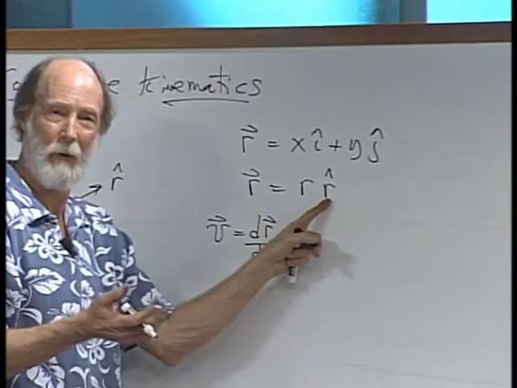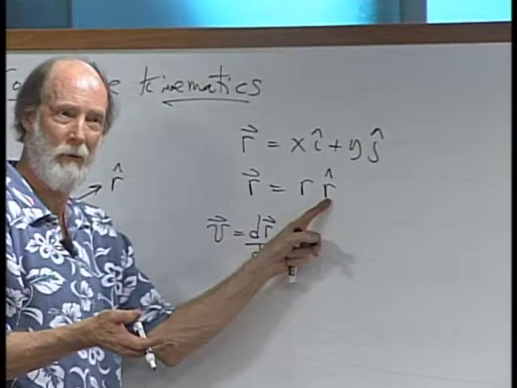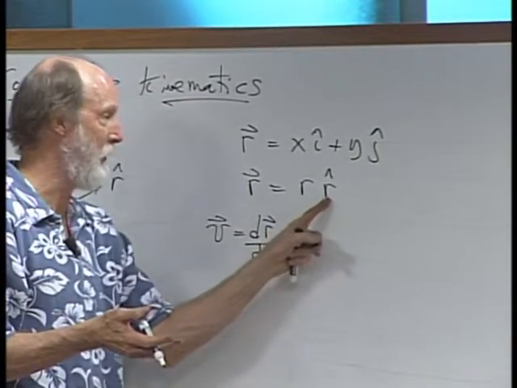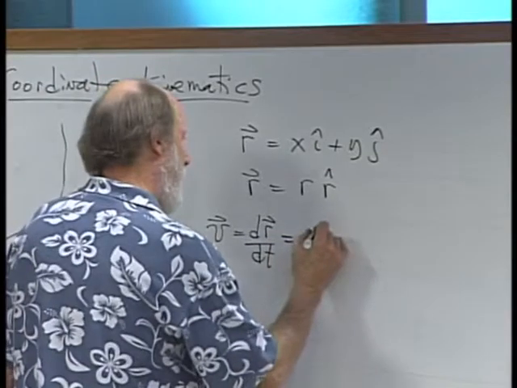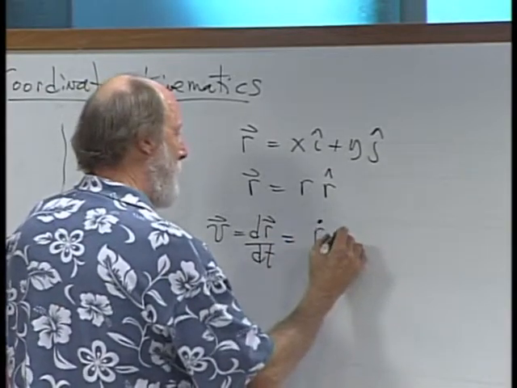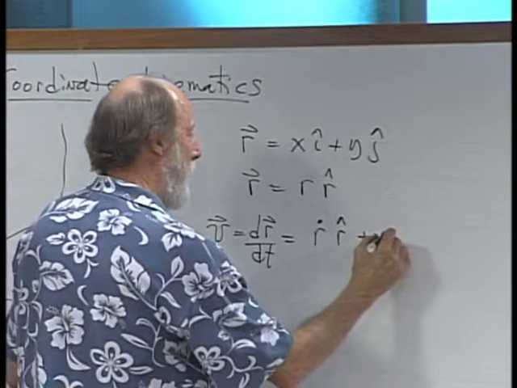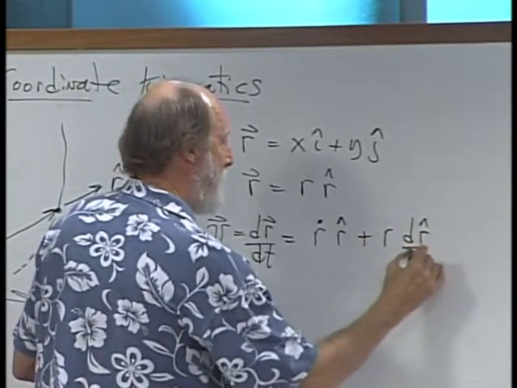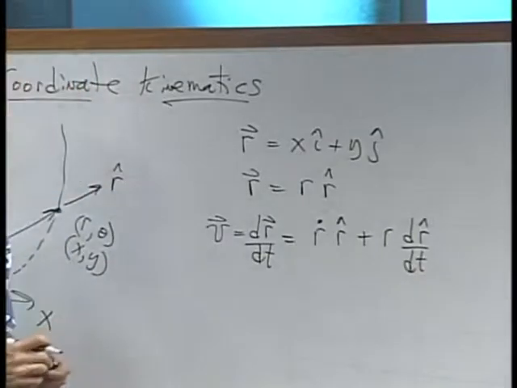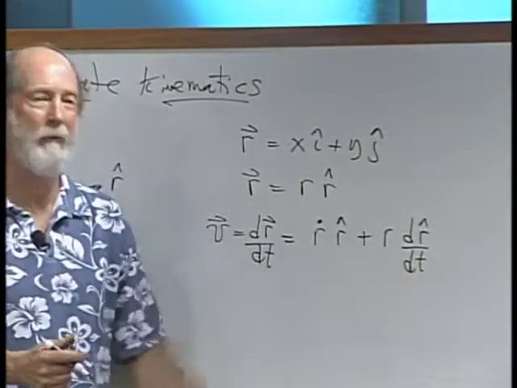So again, similar to what we had to do with the normal-tangential stuff, we have to crank the derivatives on both of these through the product rule. So we have r dot r hat plus r times the time derivative of r hat. And I mixed Newtonian and Leibniz notation there.